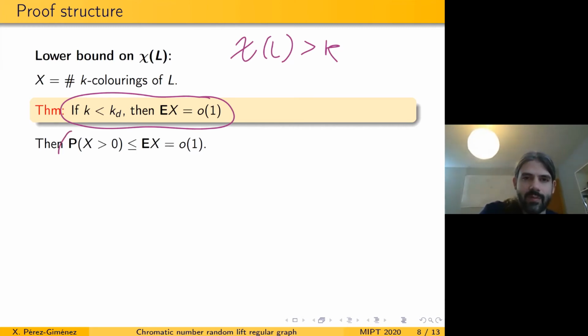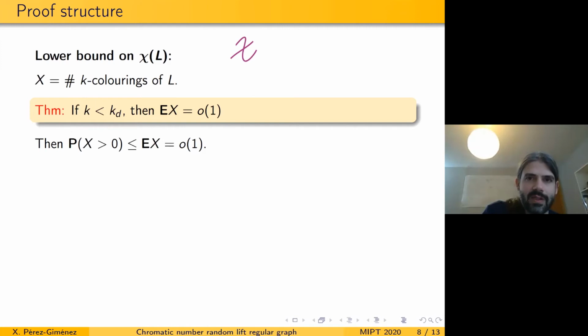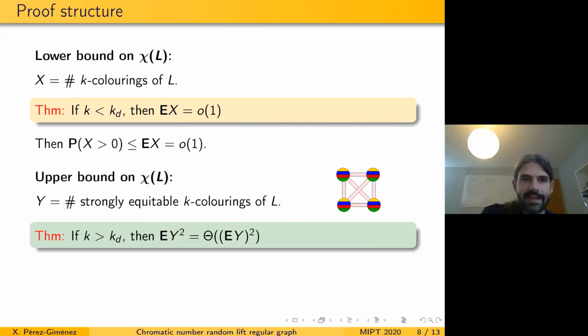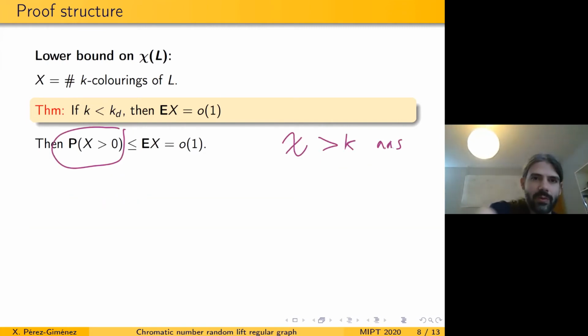So an easy application of Markov's inequality shows that the probability of having such a coloring goes to 0. So the chromatic number has to be bigger with high probability. So that's very easy, only that computing this expectation is not easy at all.